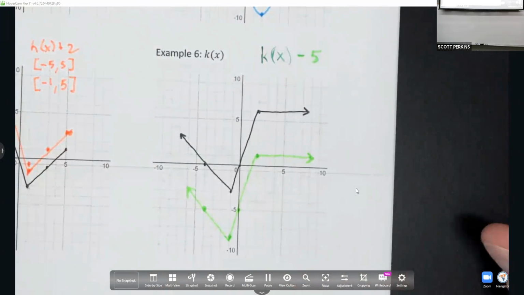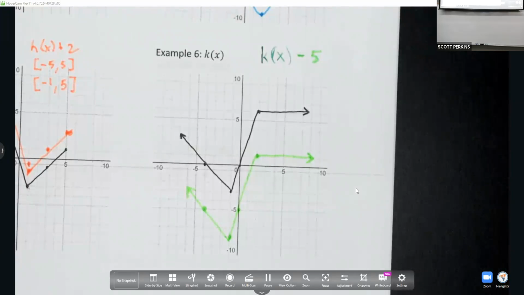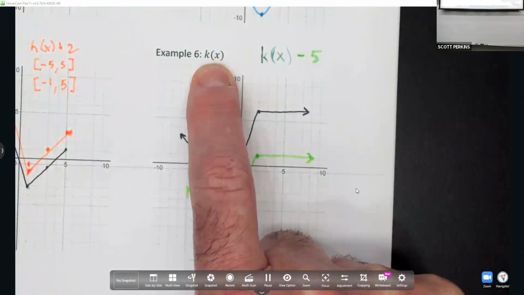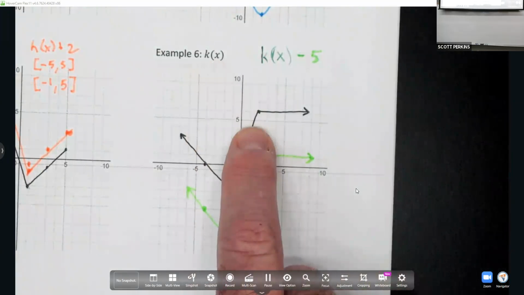Yeah. So when we're given these on the test, it's going to have like k of x - 5. It's going to have that and not just example 6 k of x. Like it's going to give us the number that we know. Well, I gave it what I was saying, example 6 k of x. I was telling you that the graph that existed already was k of x. So that was me defining the graph for you.